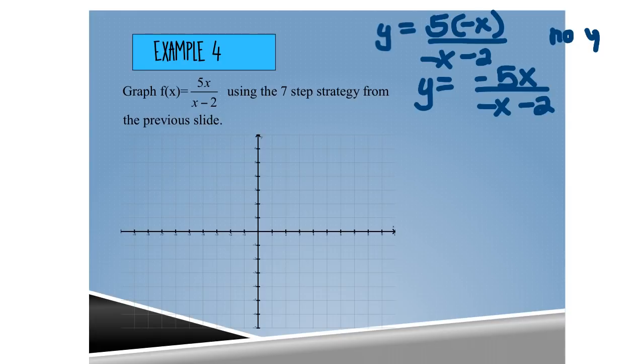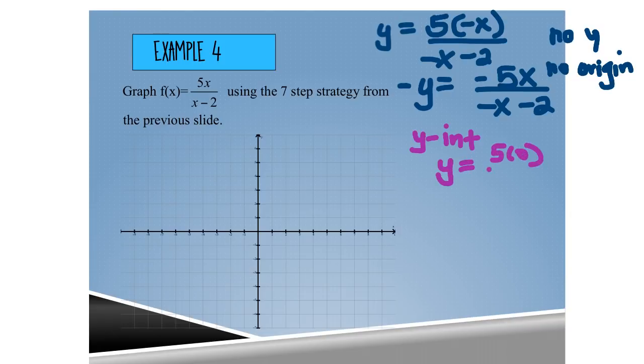And then for the origin symmetry, I would just simply change the y in addition to the x's and see if that changes everything. Again, I've got everything but that negative 2, so it's not symmetric to the origin either. Now start with your intercepts. So my y-intercept, I would plug 0 in for x. I get y equals 5 times 0 over 0 minus 2, and I get 0 over negative 2, or 0.